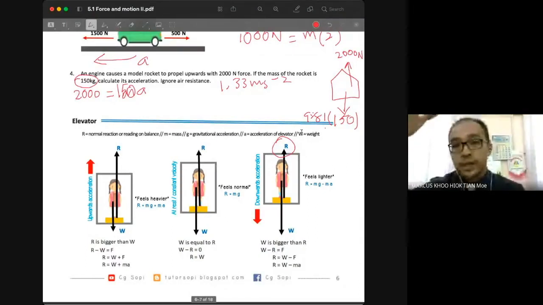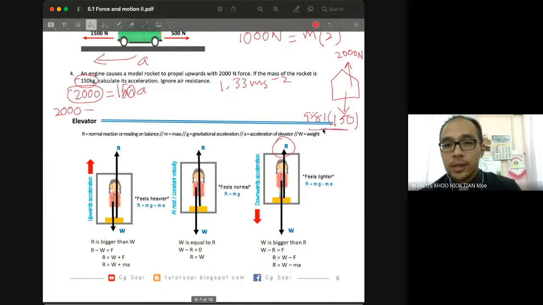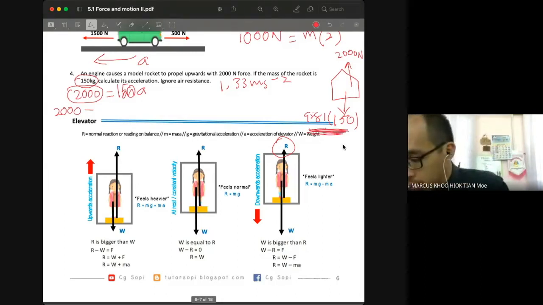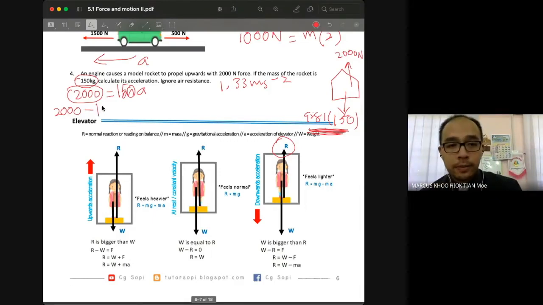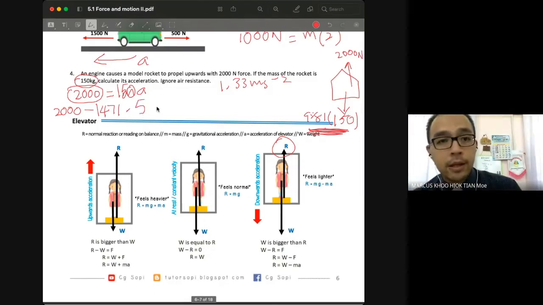Up, down, left, right. So your 2000 here actually is not correct. It should be 2000 minus 9.81 times 150, which is 1471.5 equals to 150 A.